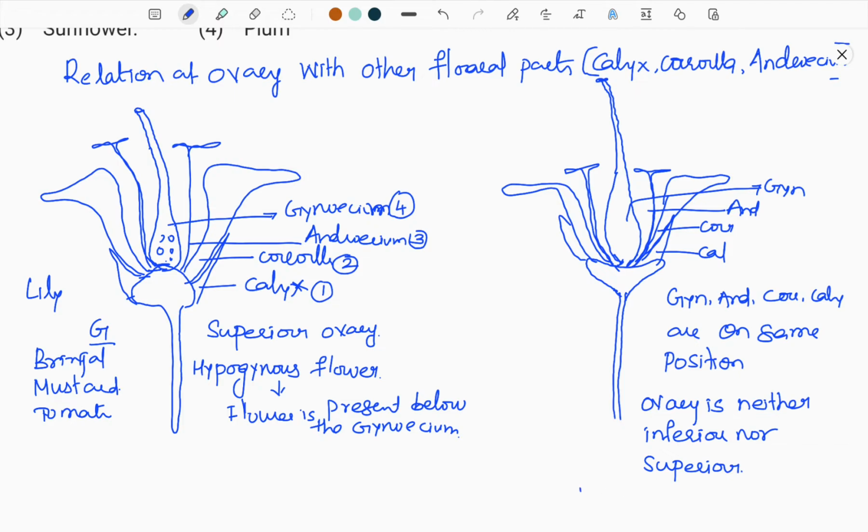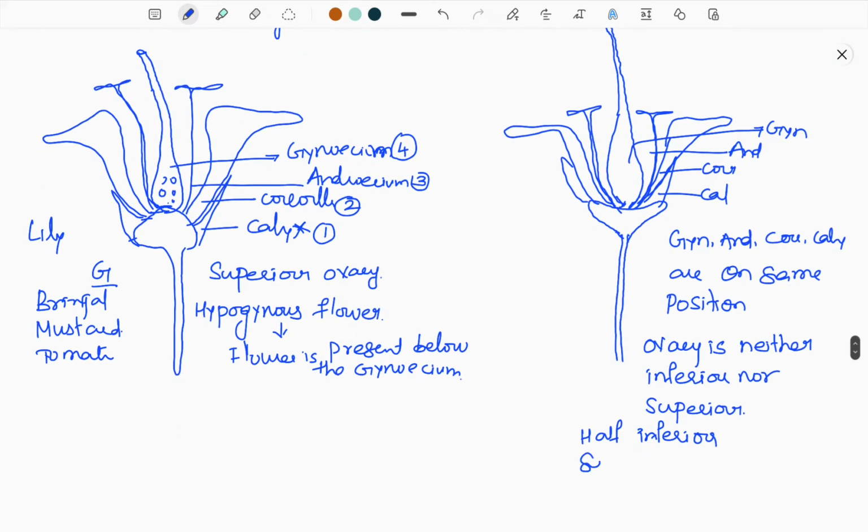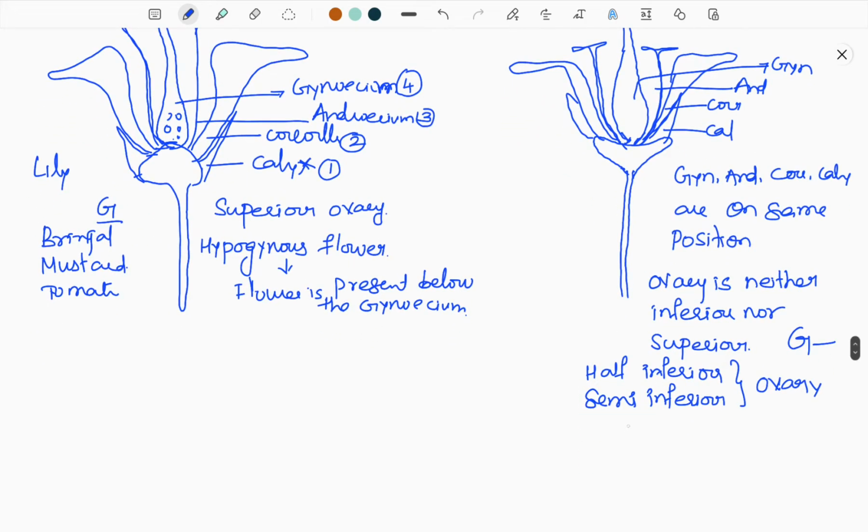It is called half inferior, or semi-inferior. Semi-inferior or half inferior ovary, and the symbol is like this. For this we can give examples like plum, rose and peach.